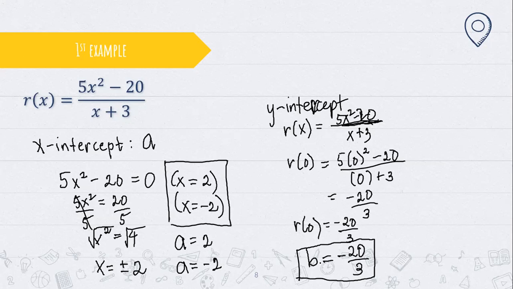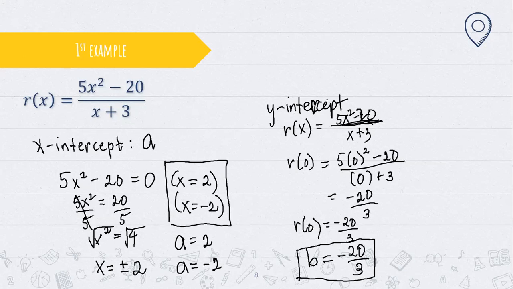Sige, ganito ang palatandaan natin ha. Si x-intercept ay A. Para kunin si x-intercept, simplify yung buong function, kung simplified ba siya or hindi. Kung hindi siya simplified, paki-simplify muna bago hanapin yung x-intercept. Pag simplified na yung function, i-equate sa 0 yung numerator, yung taas. Paki-take note.